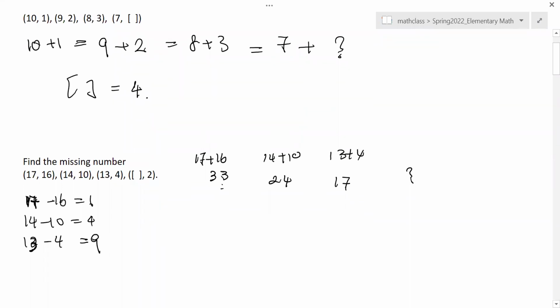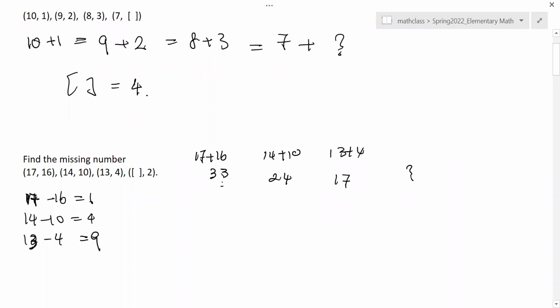Then you see this is a pattern. So some number minus 2 should be equal to 16, which implies that it should be 2 plus 16, which is 18. I don't know why I copied it wrong. So it's 13, 4, then that works.